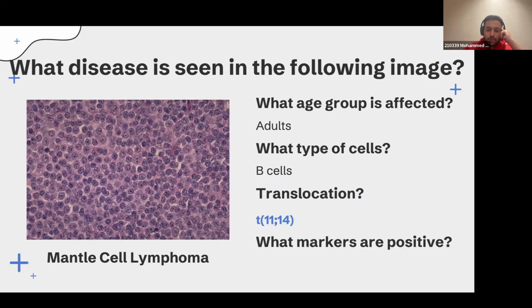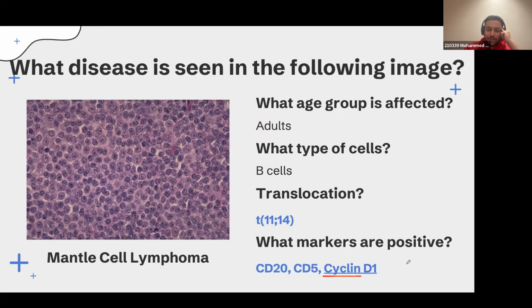What markers are positive? Good. And one very specific one, cyclin D. Now, again, concept. Cyclin D1. Does anyone remember what the function of cyclin D1 is? For mitosis.